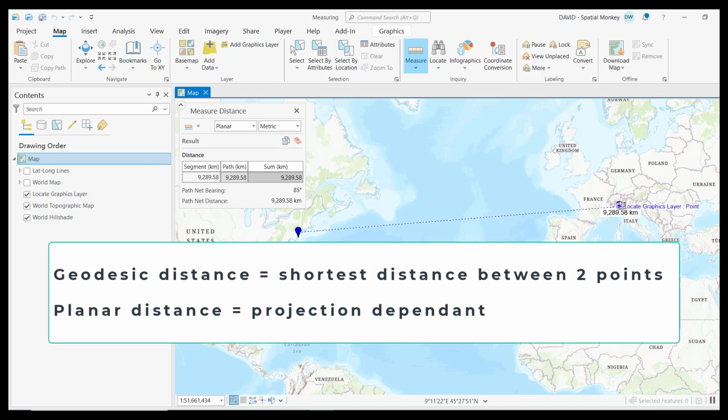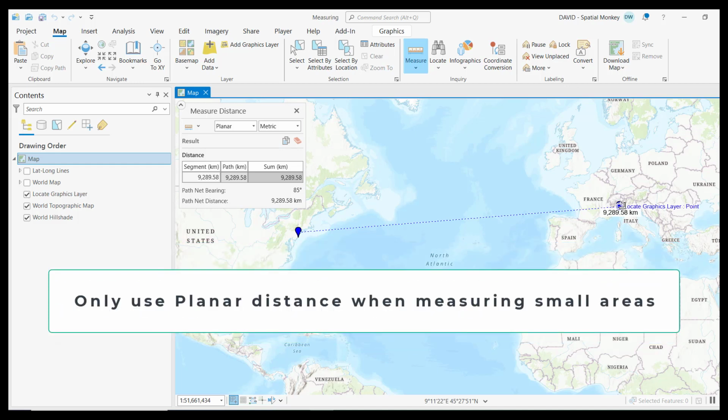The geodesic option might make the path appear to be different in a different projection, but the distance should always be the same, as it is just showing us the shortest distance between the points. So the geodesic and planar distances are only likely to be similar when looking at a small area, like a city or county. And indeed, the planar option should only be used for measuring within a small area.